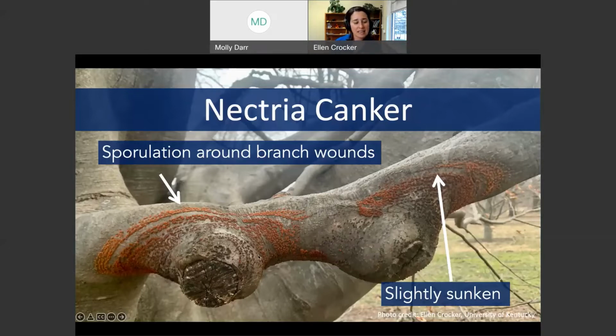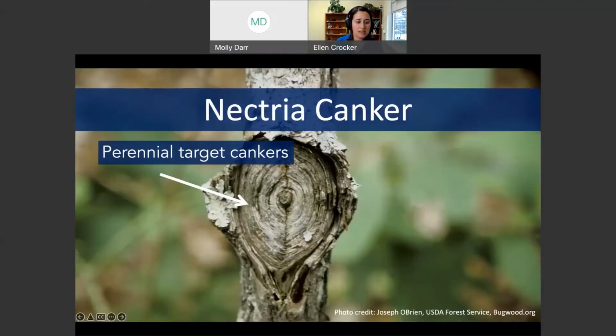So these cankers are going to develop and expand gradually. And each year, kind of what's going to happen is that the fungus that's causing this is going to grow a little bit, and then the tree is going to try to defend itself and seal it off and compartmentalize that and grow to overcome that. And sometimes you might see something like this, a perennial target canker.